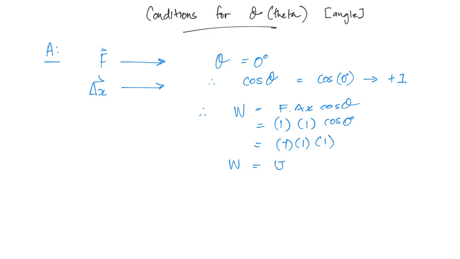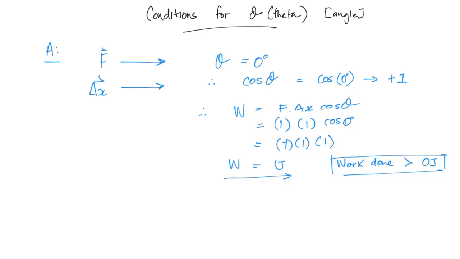So work is equal to 1 joule, and that value, your work done, is greater than 0 joules. That's important. That's your one condition. So if the force and the displacement are in the same direction, then you should have your work done being greater than 0.